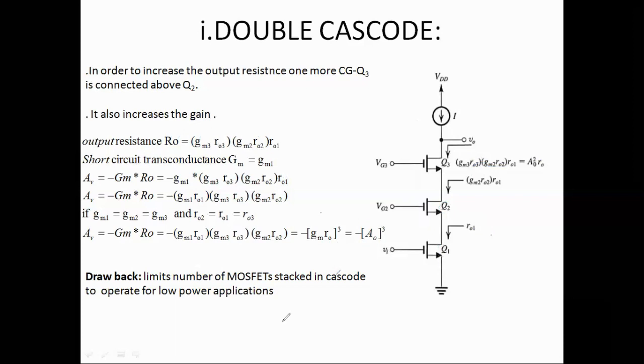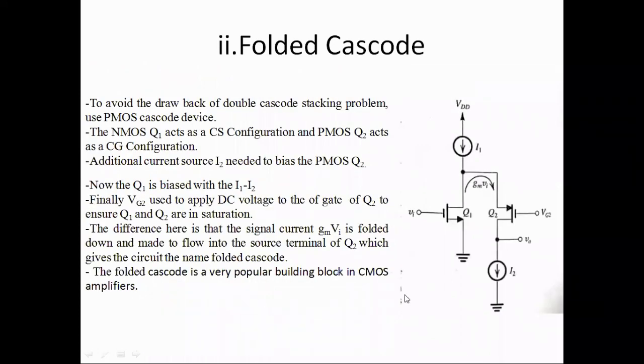Let me move to the folded cascode. The drawback of the previous double cascode can be avoided. The common source transistor, as usual, is NMOS, converting Vi into gm Vi. Q2 is used as PMOS instead of NMOS, so whatever current is converted by Q1 is folded back down, hence it is called folded cascode.